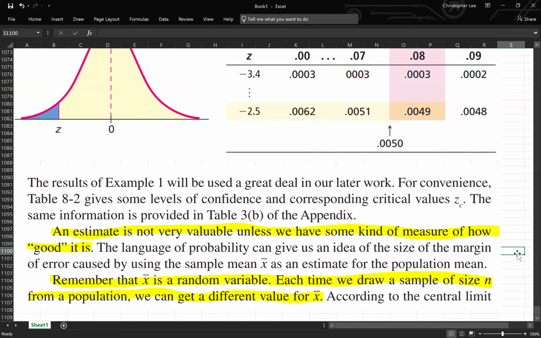The language of probability can give us an idea of the size of the margin of error caused by using the sample mean X bar as an estimate for the population mean. Remember that X bar is a random variable. Each time we draw a sample size N from a population, we get a different value for X bar. All right?